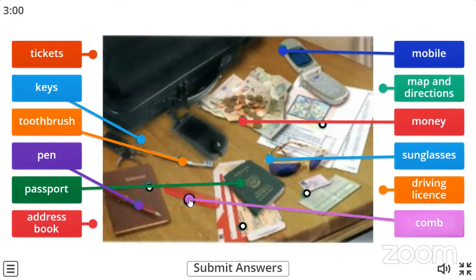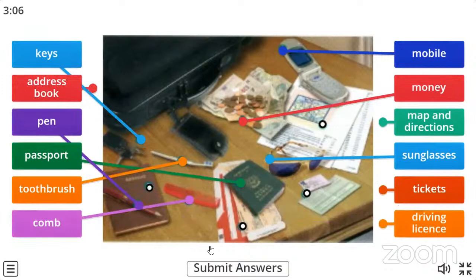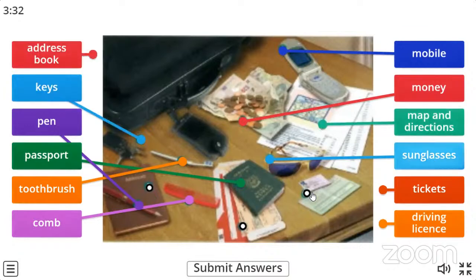What about this? Comb, right? Comb. What about this? Map and directions. And this one? Tickets. Tickets.